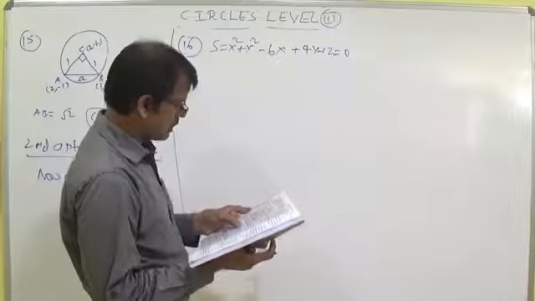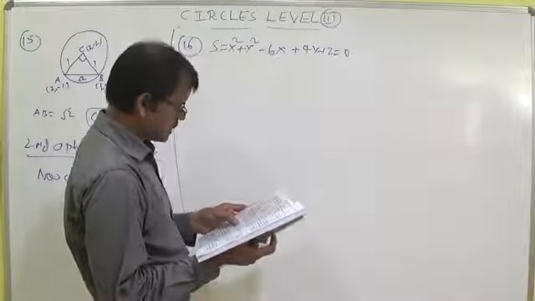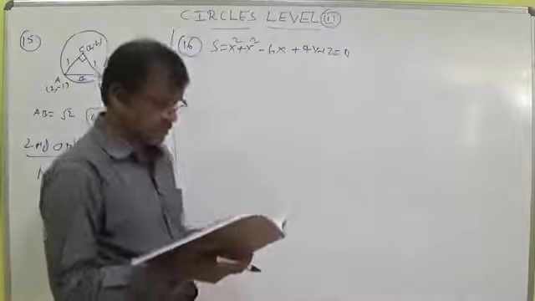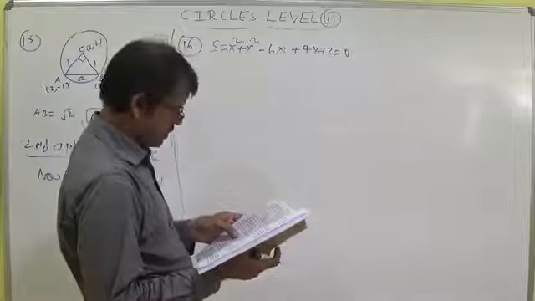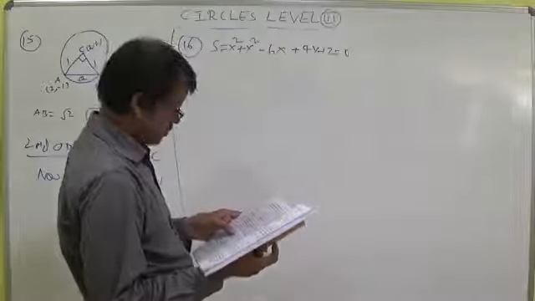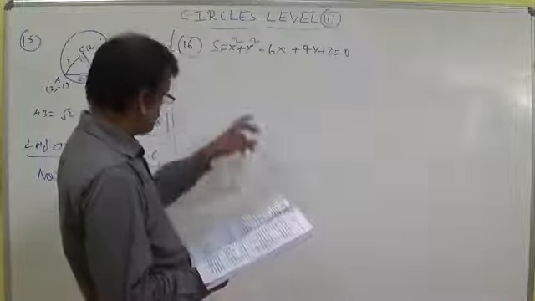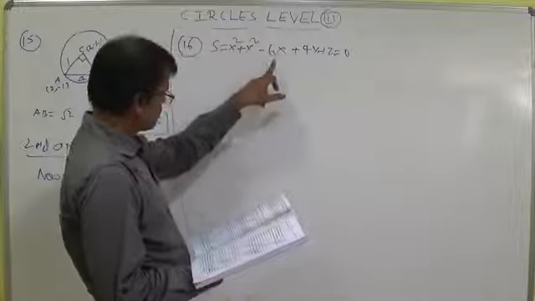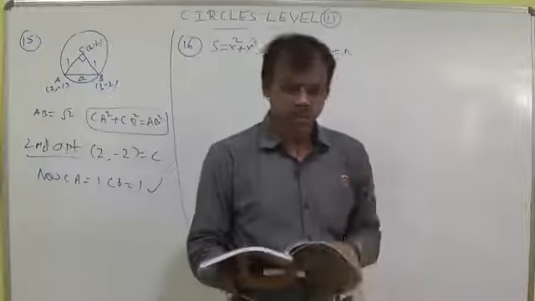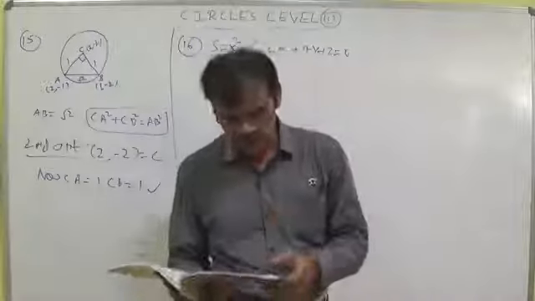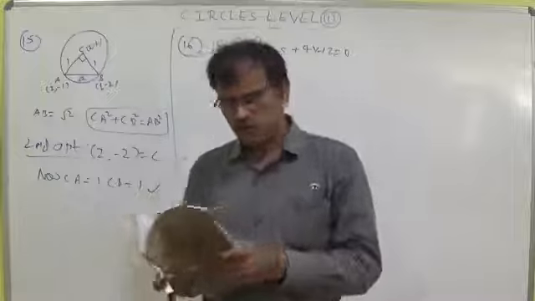Third option (0, minus 6): it is 36, 36 minus 24 minus 12, absolutely okay. And (0, 2): it is 4 plus 8 minus 12. Every option is satisfying. So it is an absolute mains question. In mains they used to give like this only.